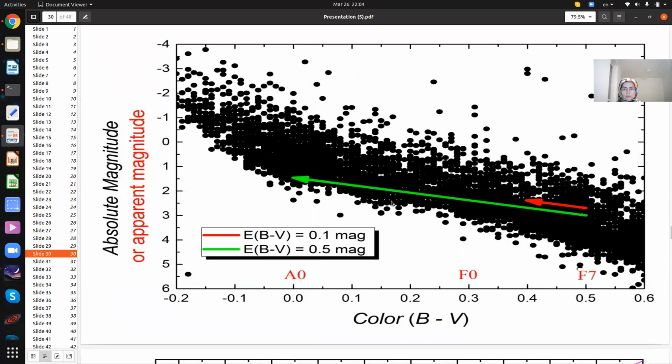The real star location is here. At first we thought that maybe it is F7 color or 0.5, but in fact it is A0, or 0 in color. So with reddening, we should be careful in young clusters because we have a shift.